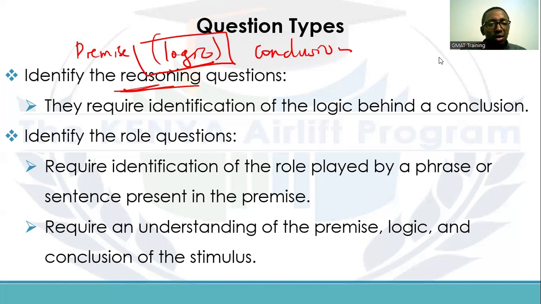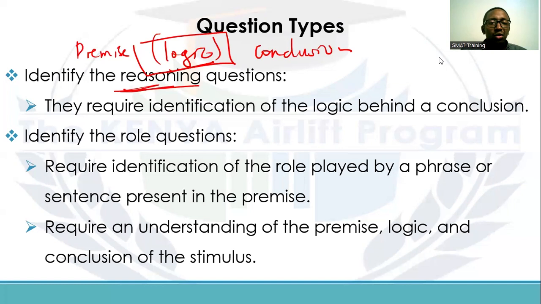Then identifying the role. These require identification of the role played by a phrase or sentence present in the premise. To do this, you have to understand every component. And that's why we said to effectively answer CR questions, you have to know where the premise is, where the logic is, and where the conclusion is. Because if a premise is the one that's bolded and you don't know that it's a premise, you think it's a conclusion, then you get it wrong.